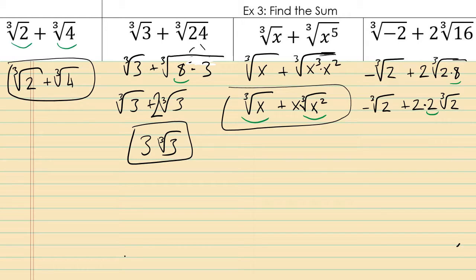This 2 comes from the 8 that was inside. Next, I will do multiplication and simplify my expressions further. Cube root of 2 plus 4 cube root of 2. Negative 1 cube root of 2, positive 4 cube root of 2, they add up to 3 cube root of 2.